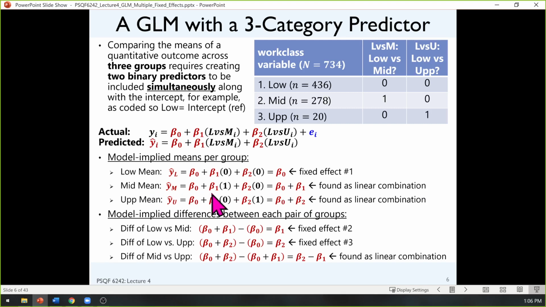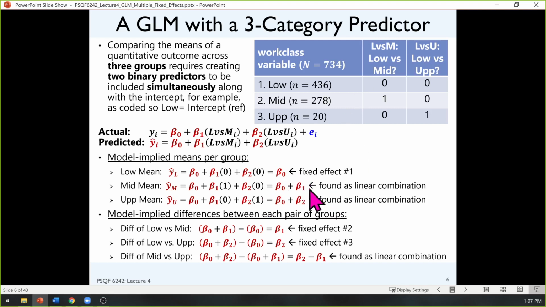The other 2 group means are going to be linear combinations of the intercept for the low group plus how the middle group differs. Beta 1 is how the middle group differs from low. Likewise, the mean for the upper group is given by what the mean is for low plus how the upper group differs, which is beta 2. So beta 1 and beta 2 are differences. Beta 0 is the mean for the reference group.